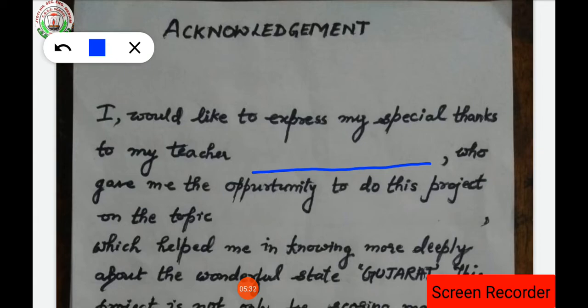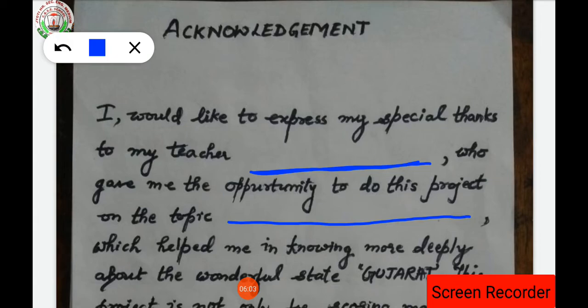The acknowledgement will be the same for all subjects, that's why we are preparing this video for you. The acknowledgement, index, the front page with school name and guided by, everything will remain the same for all subjects. So I would like to express my special thanks to my teacher, whose name you write here, who gave me the opportunity to do this project on the topic. Here you have to write the name of the topic.